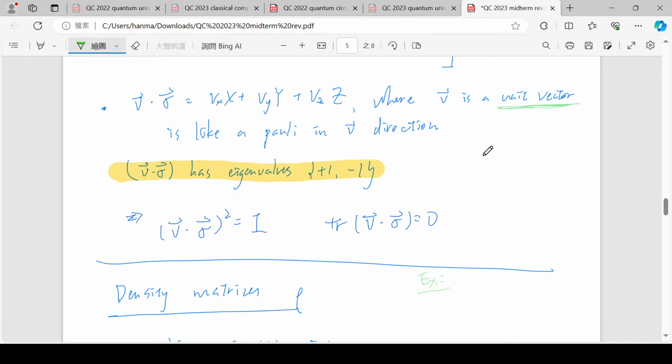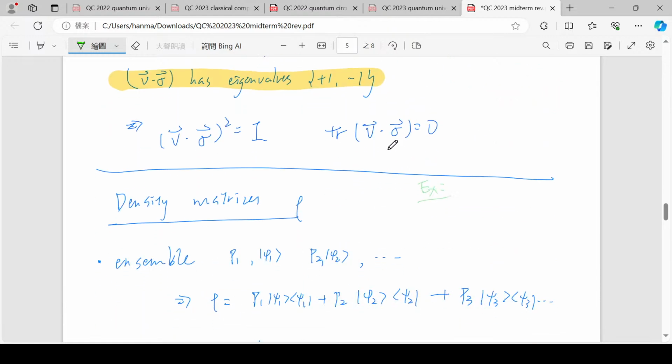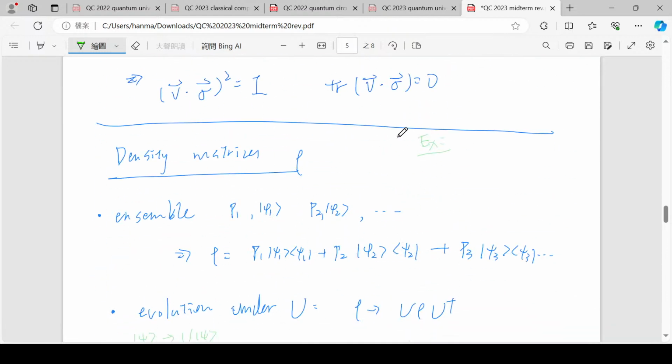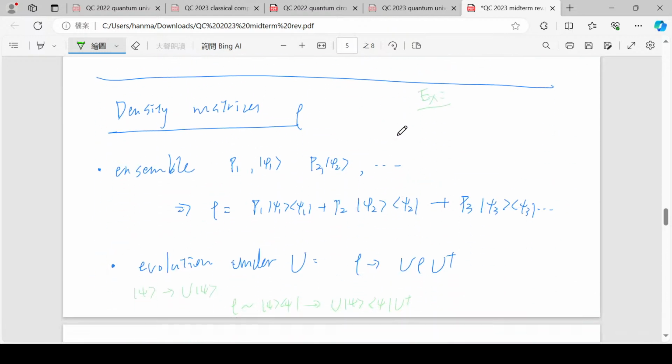Okay, and then we went on to spend a lot of time on the density matrix. We start with the motivation of a classical mixture of quantum states. We found that that's not a usual quantum state, right?